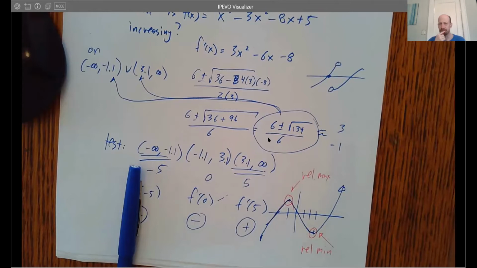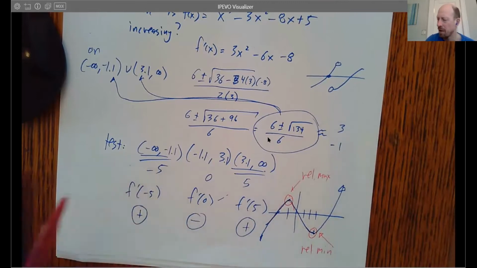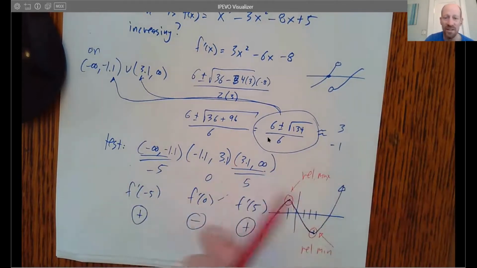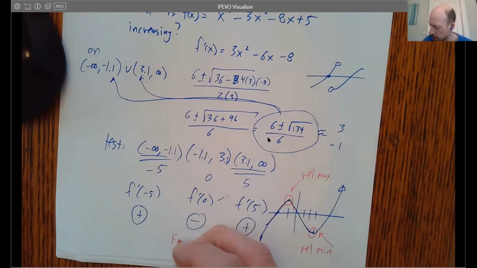Excuse me. But now, knowing about increasing and decreasing, I know what these critical points are. This tells me this first one is a relative max and the second one is a relative minimum. And this testing or observation here is called the first derivative test.